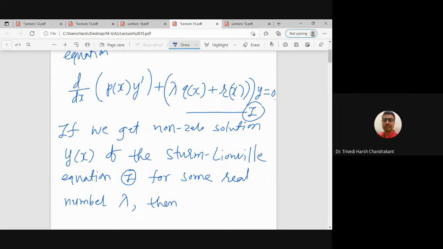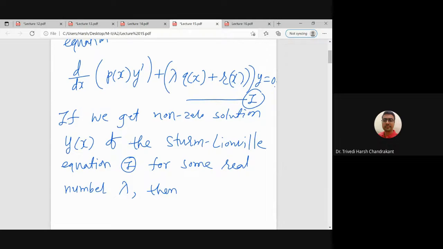So suppose this differential equation has a non-zero solution y(x). Non-zero solution y(x) means y(x) is not identically the zero function, for some real number lambda.